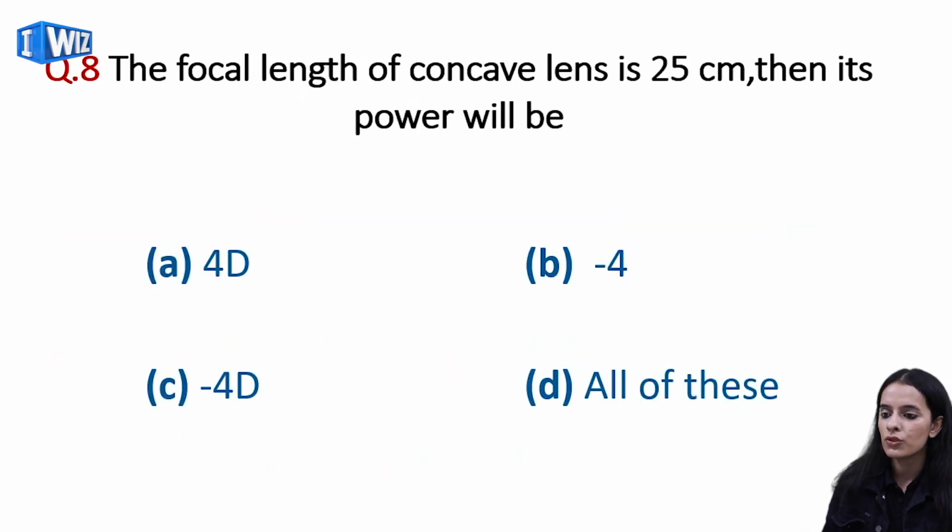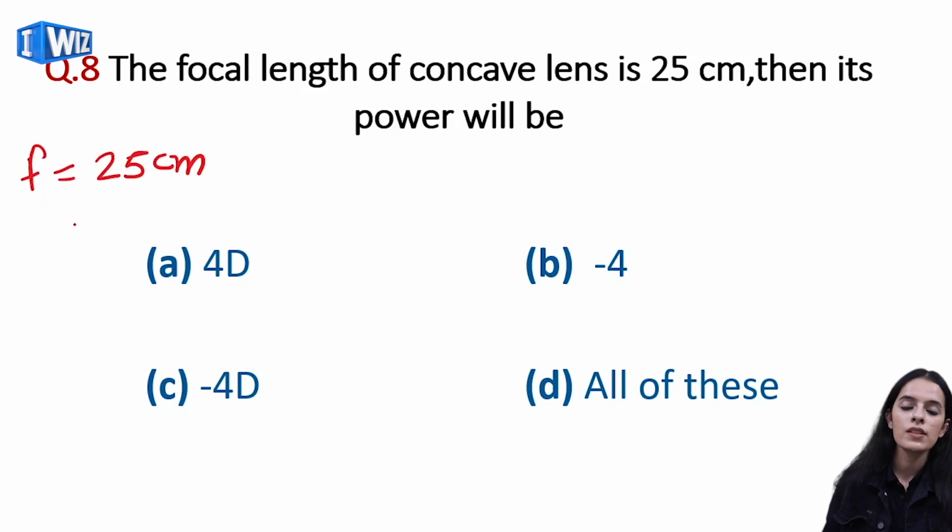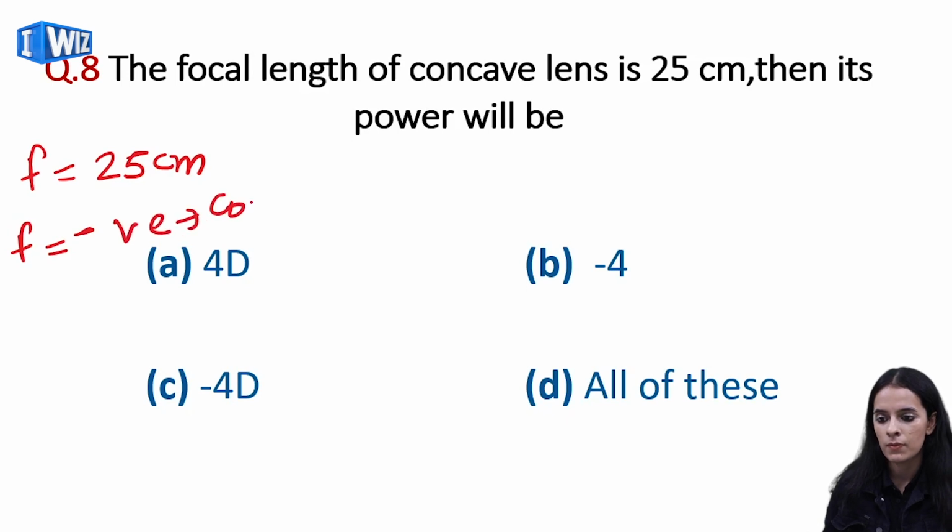The focal length of a concave lens is 25 centimeter. And students, keep one thing in your mind and write it somewhere: the focal length of a concave lens is always negative and the focal length of a convex lens is positive.